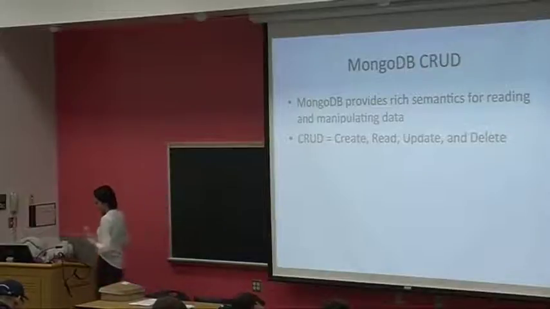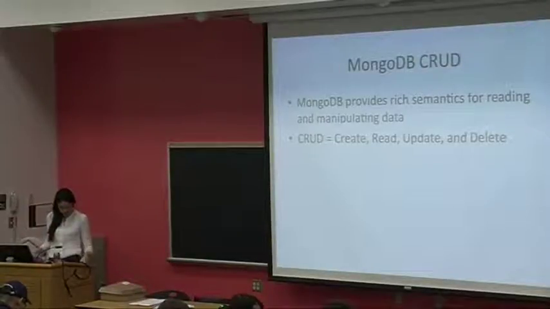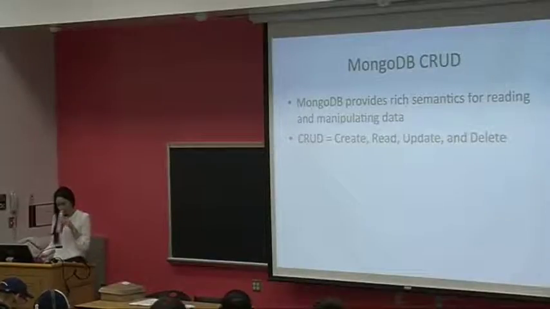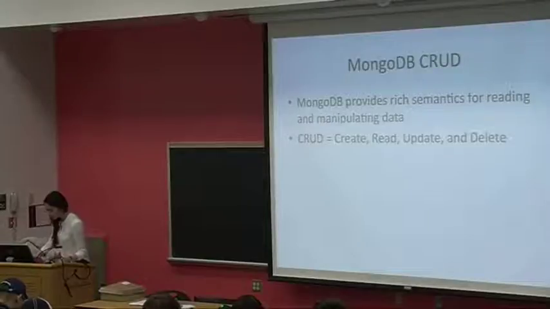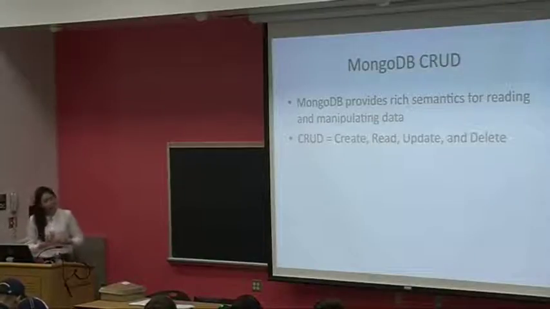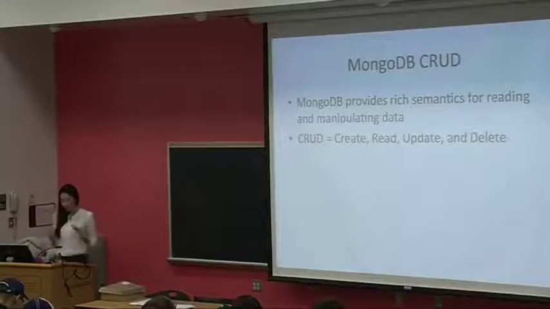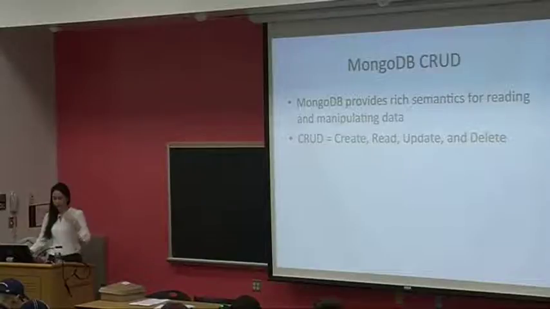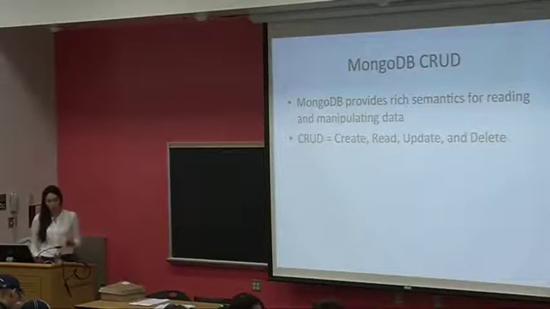Nothing fancy, it's just how they name their semantics. So just to give you a flavor of what commands are like in MongoDB, I do a comparison between MongoDB's query and how it will look when we do it in SQL.